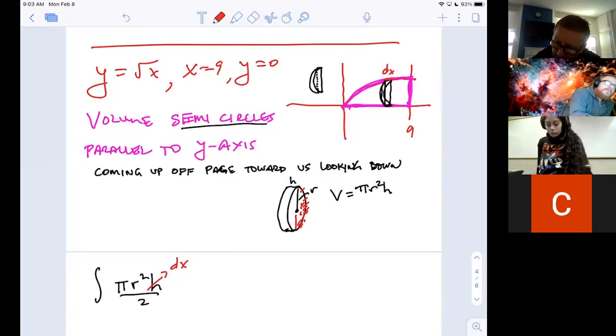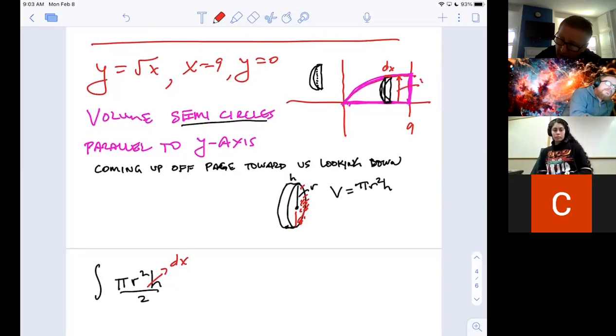Yeah, your height right here, that's your y value, if you will, of your square root function. But because we want the radius, not the diameter, we got to cut it in half.